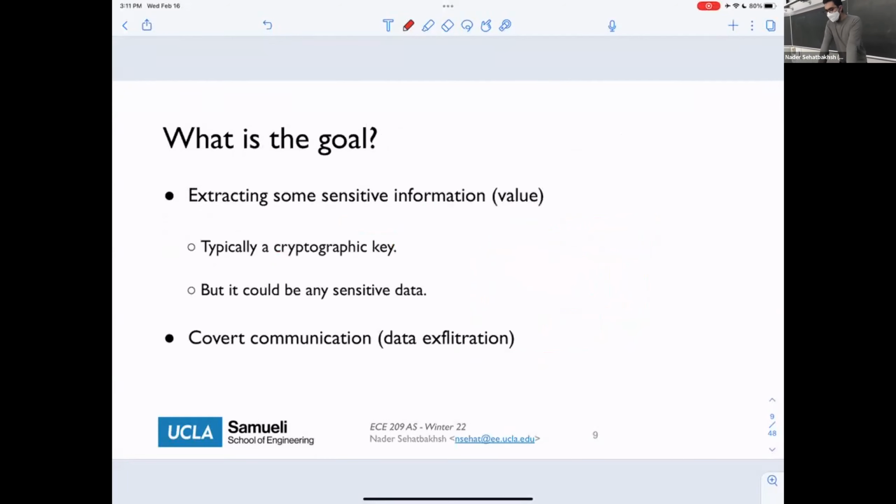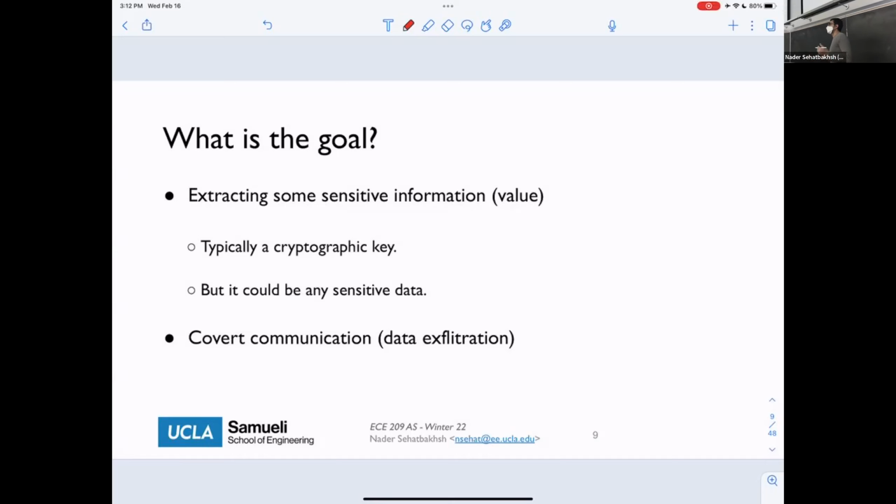All right, so what is the typical goal of physical side channels? Almost similar to digital, usually it's extracting some sensitive value. It could be a cryptographic key, or any sensitive data such as machine learning values, structure, weights, etc. Another major use of physical side channels is data exfiltration.